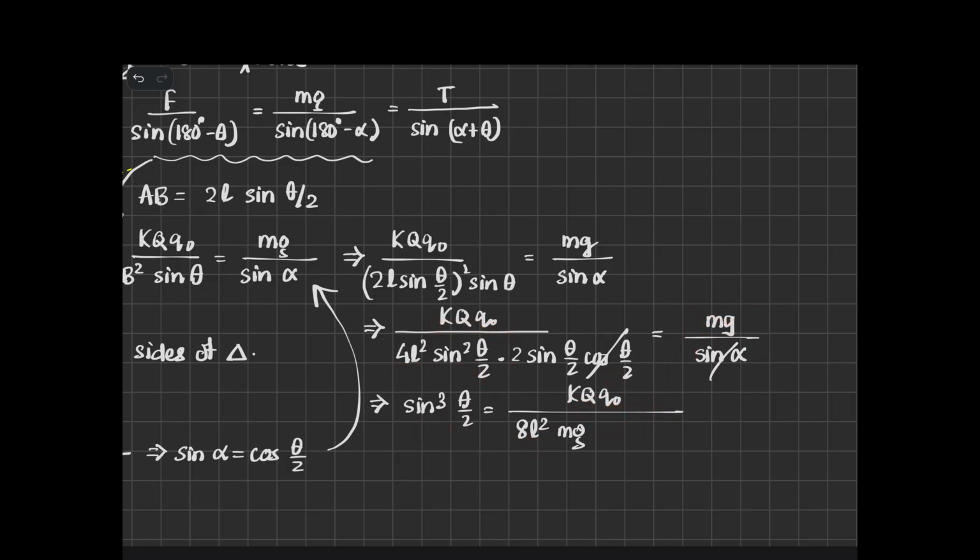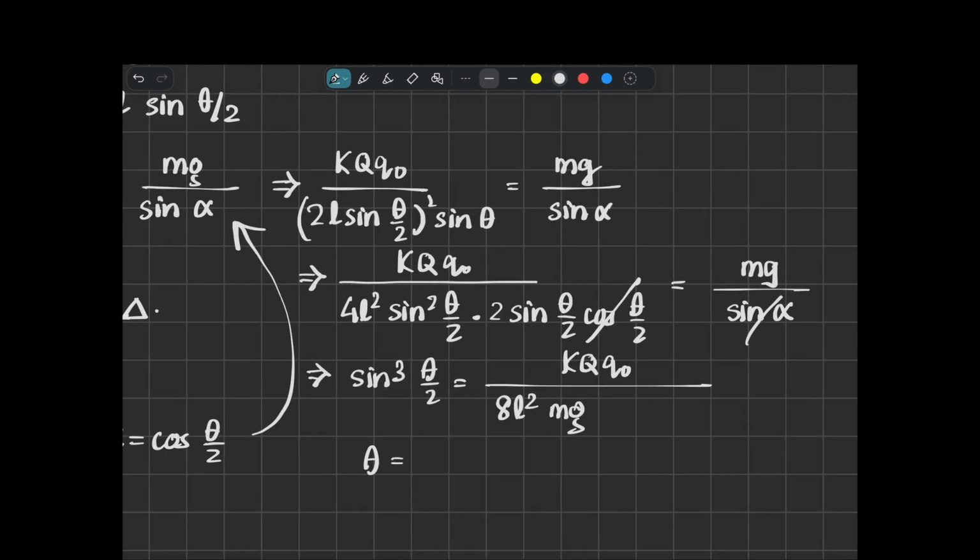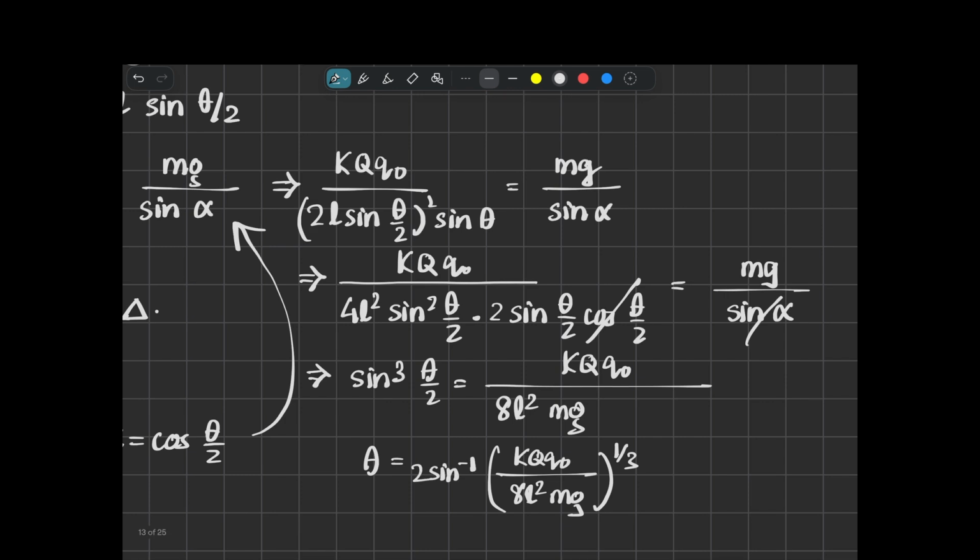So from now, if I write theta, sine cube theta, I can take cube root, so k q naught by 8L square mg, this much to the power 1 by 3, but sine inverse will be applied and 2 will be multiplied, because here it is sine theta by 2, so at the end theta will become 2 times.